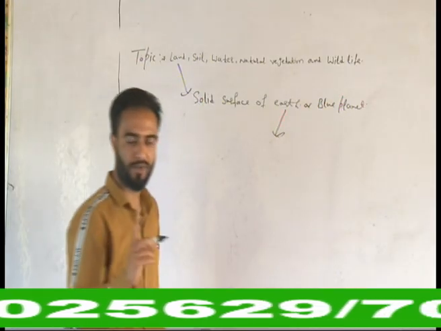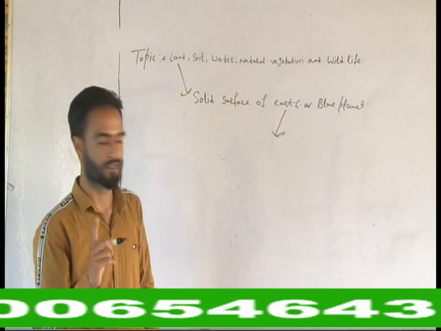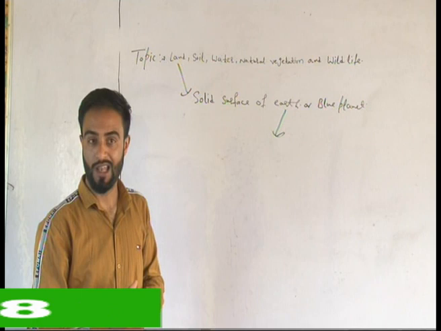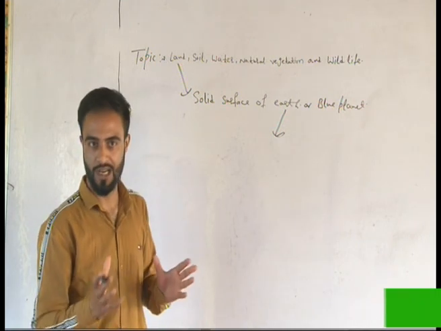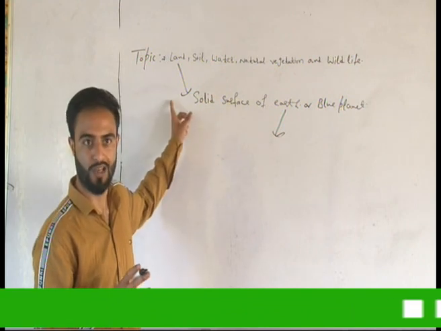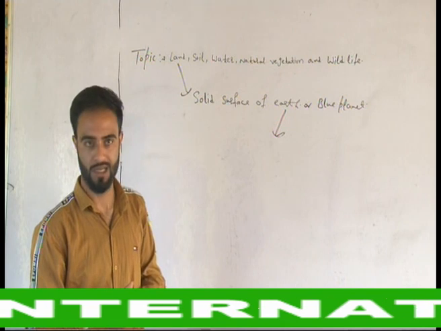It is the only planet among the 8 planets of the solar system where life exists, because this planet Earth comprises the life supporting things like air, water and land. And this land is basically the third life supporting thing which exists upon this planet Earth.